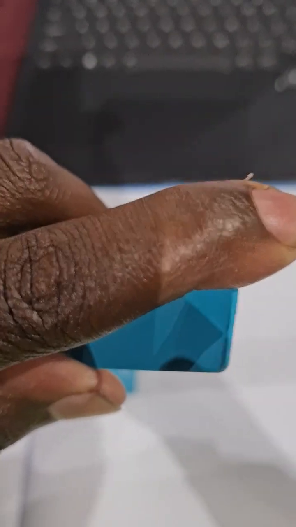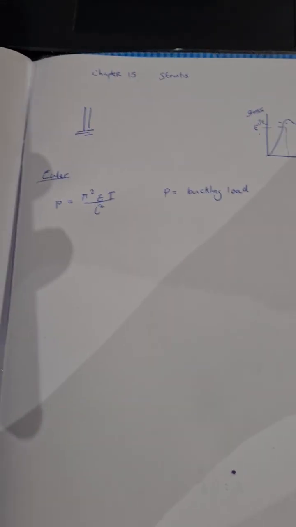Just know that P is a failure. P is what we don't want, but we now know the amount of P. Now let's continue.